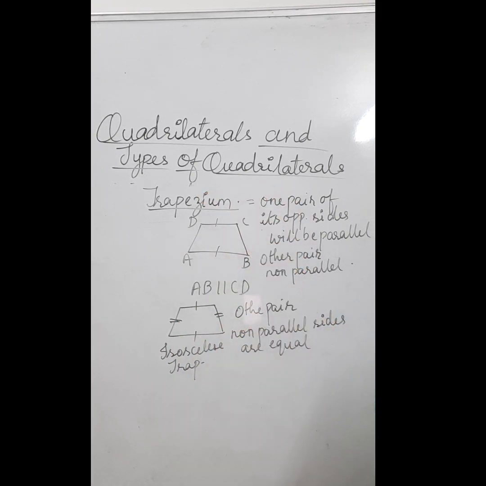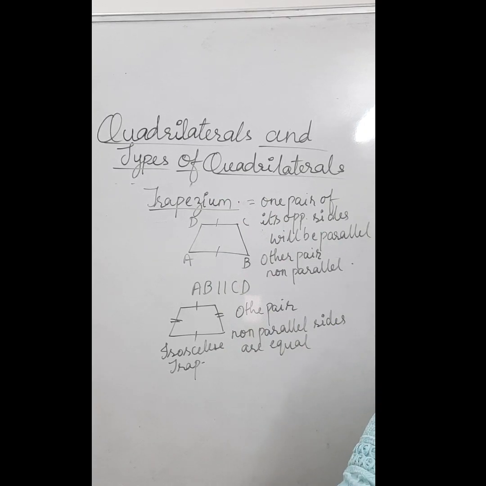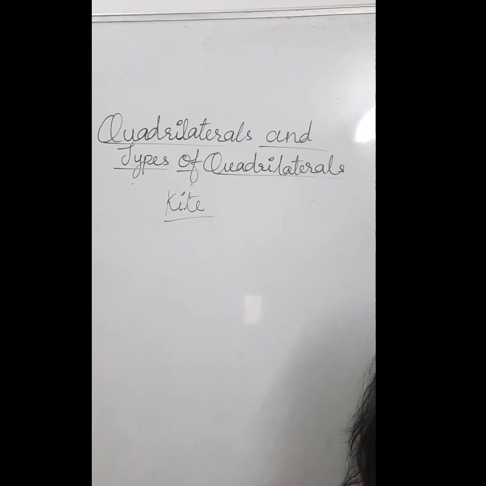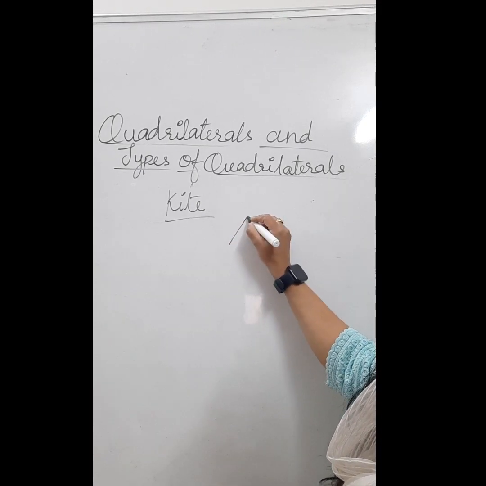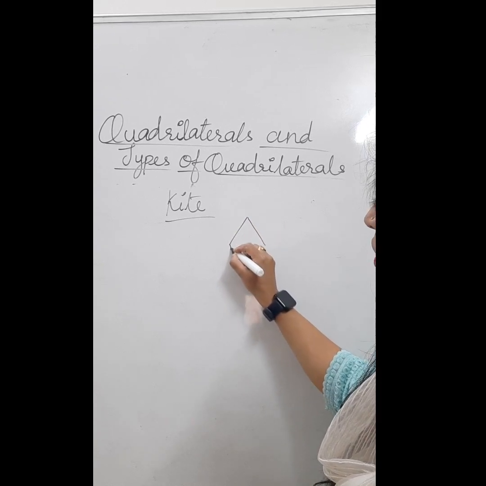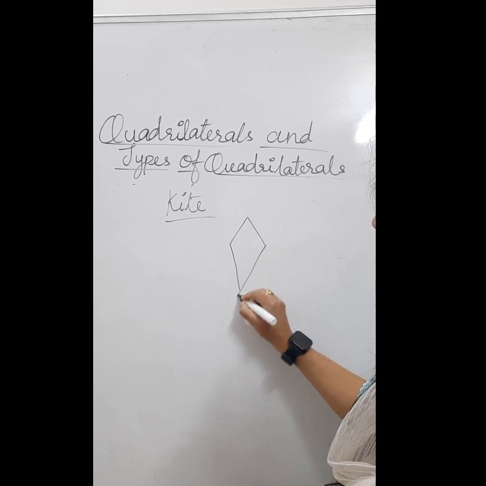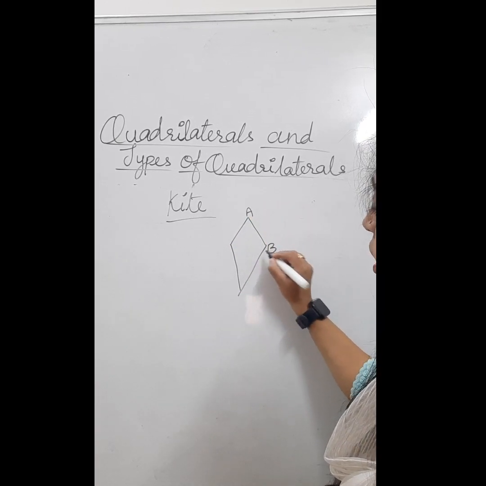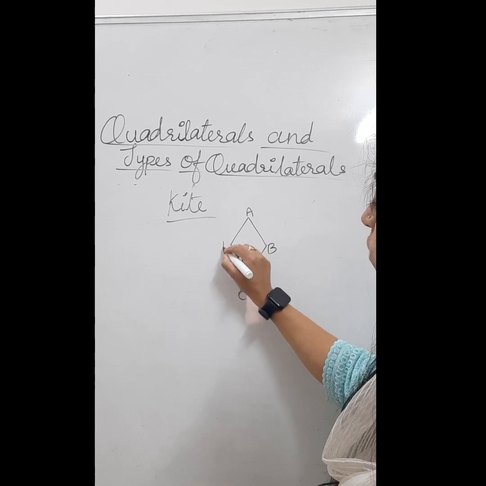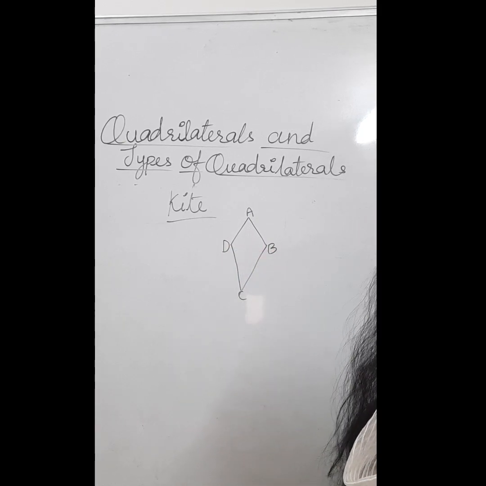Again, after trapezium comes kite. So let us study about kite. Okay, now we all know the shape of a kite, yes or no? This is the shape of a kite. It is a quadrilateral. Why is it a quadrilateral? Because it has four sides which are closed.